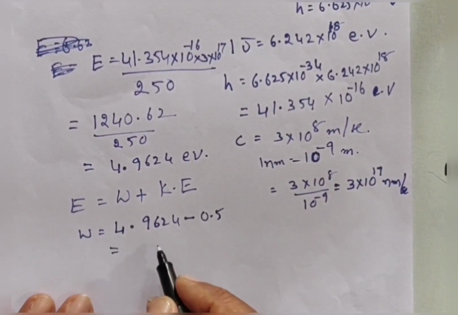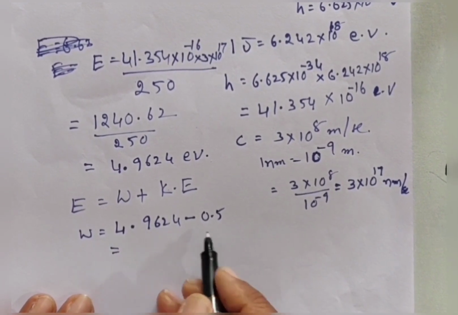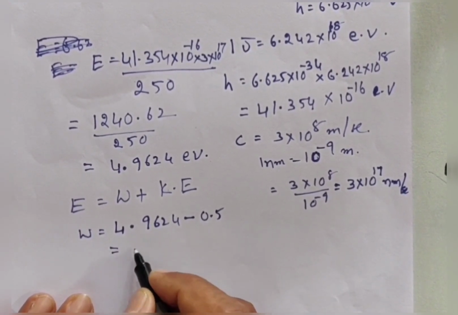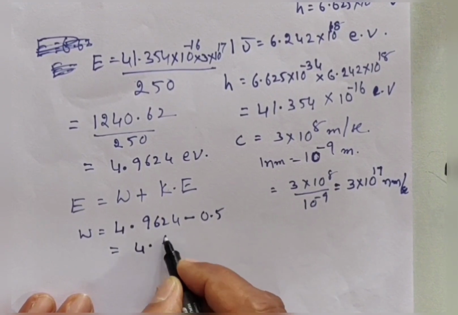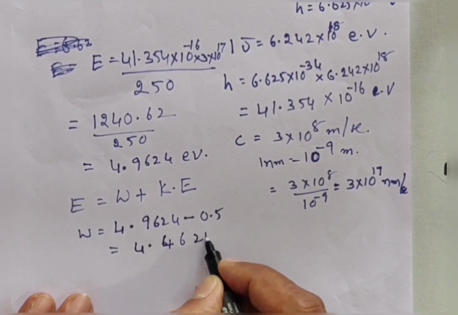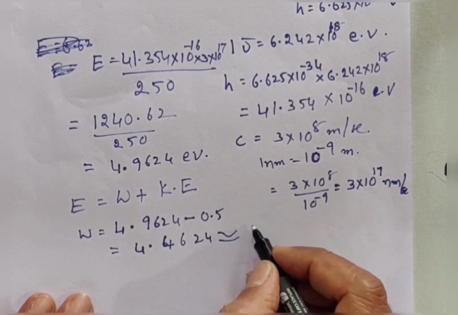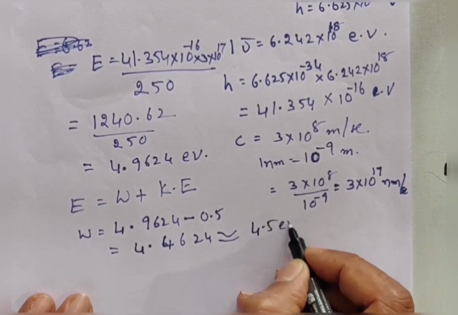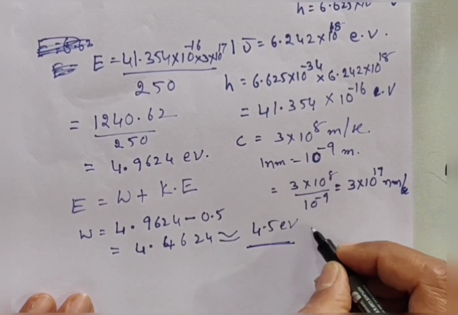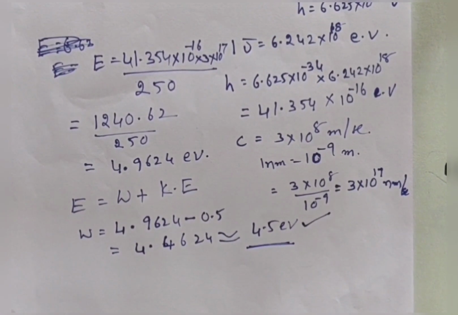So on subtracting this, we will get 4.4624 or nearly 4.5 electron volts. This is the correct answer.